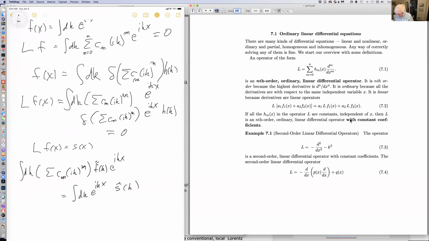And if we want these two things to be equal, well, then it's pretty clear that f tilde of k has to be s tilde of k divided by this sum Cm I k to the m.